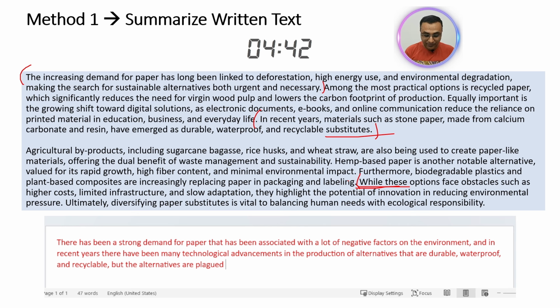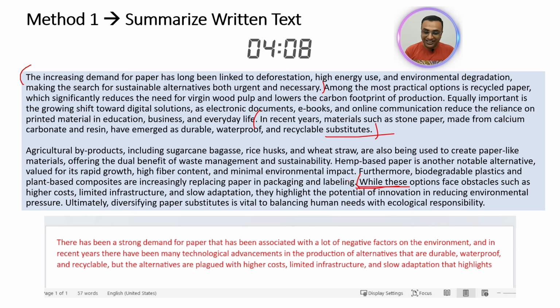Are plagued with higher cost, limited infrastructure, and slow adaptation.